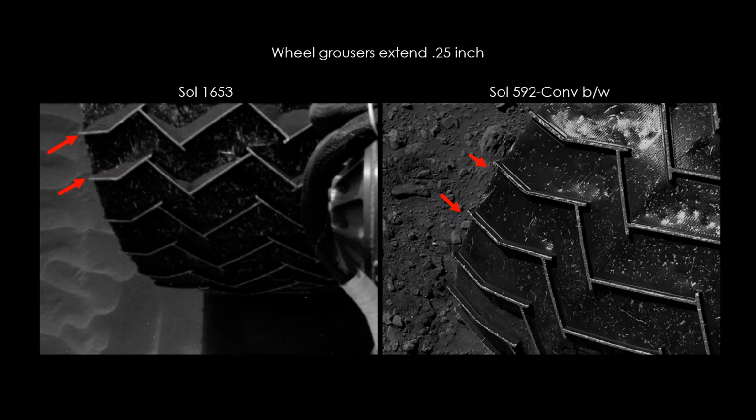In this comparison, the image on the right shows a wheel at a slight angle, and the grousers, that only extend 1/4 inch, are remarkably shorter than the ones in the 2 rows on the left. The grousers in the left image protrude significantly more and seem disproportionate to the other grousers on the wheel.